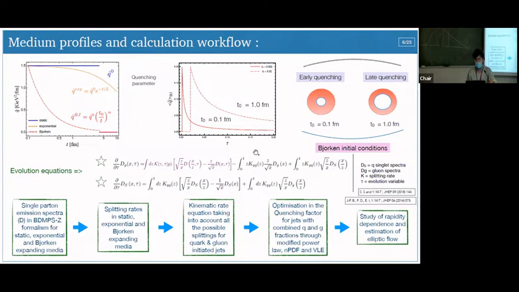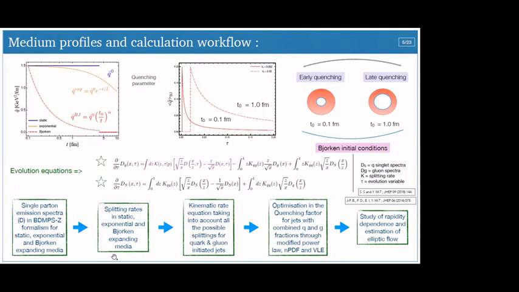So the flowchart is pretty much simple. First we will get hold of the single parton emission spectra in this PDMPS formalism, of course, for different kinds of expansion scenarios as well as for the static ones. From this single gluon emission spectra, we will categorically derive the splitting rates in the static, exponential, and Bjorken media scenarios.